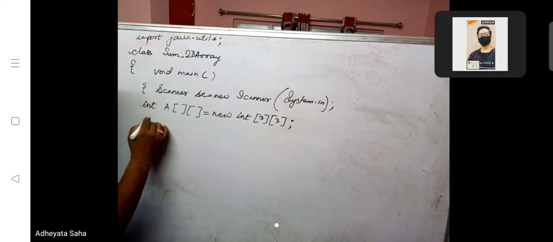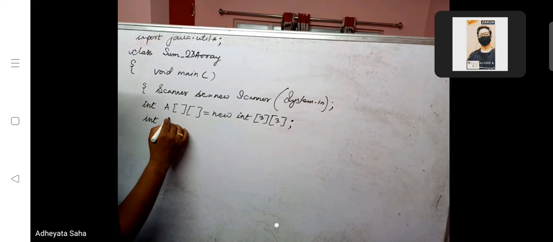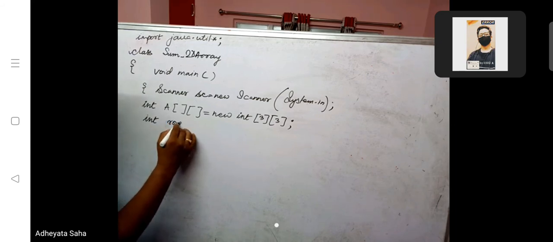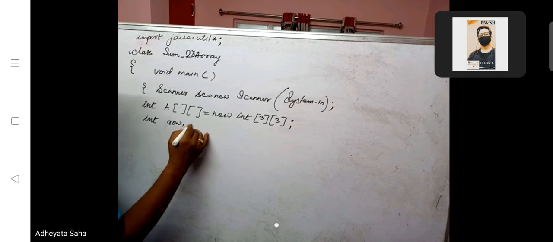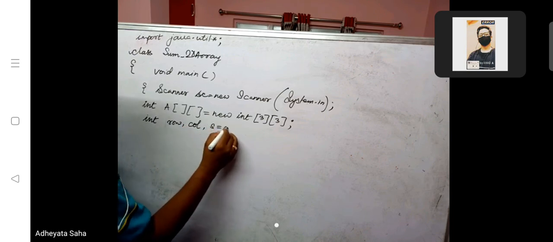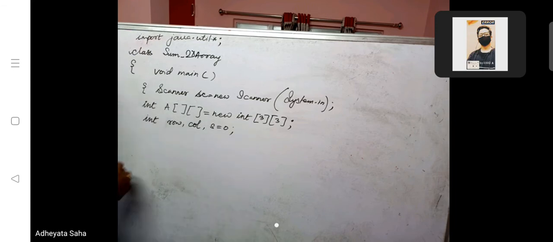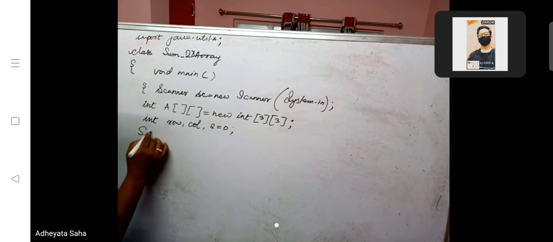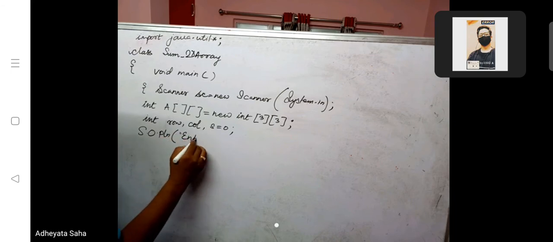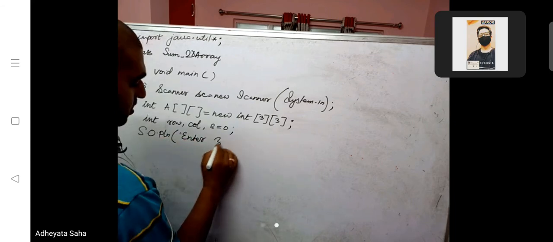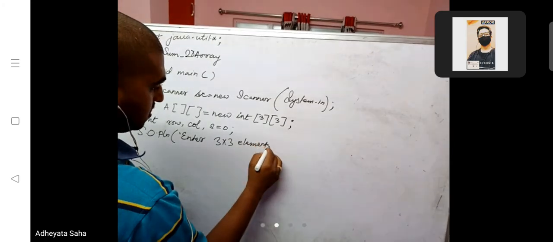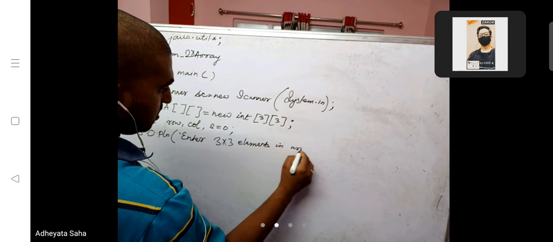So int i, you can take row and column also. In place of i and j you can take row, column, and sum equal to 0. So System.out.println, enter 3 cross 3 elements in an array.